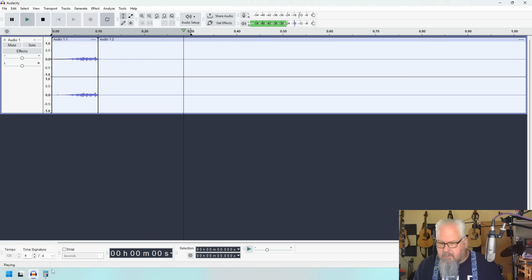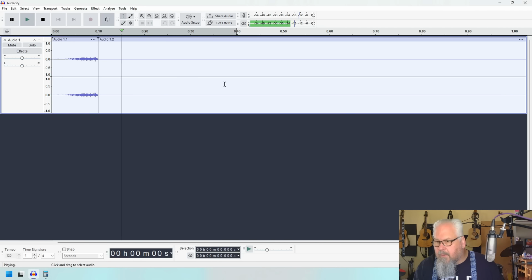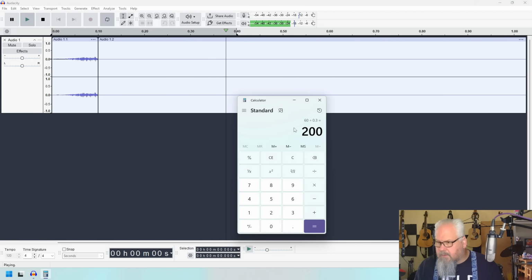So now we're at 0.3, so 60 divided by 0.3, 200 beats per second. That's probably 150. 60 divided by 0.4, 150.